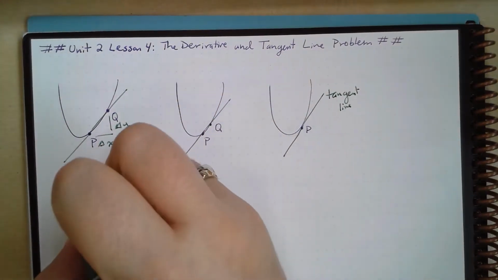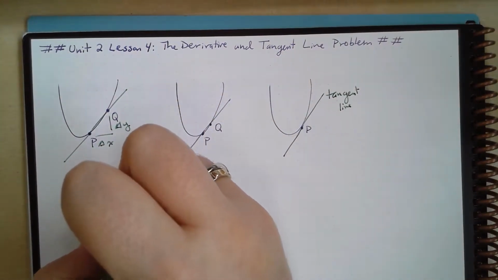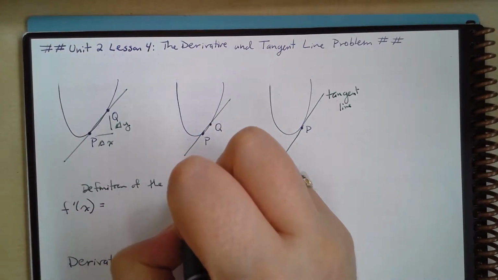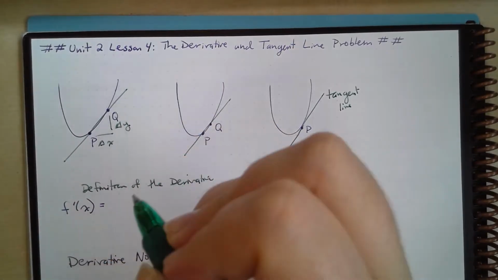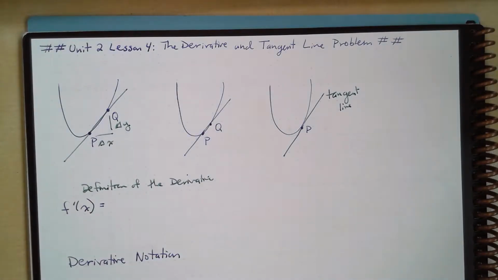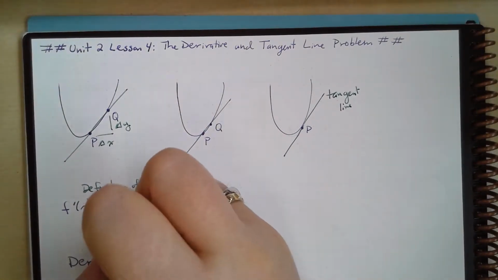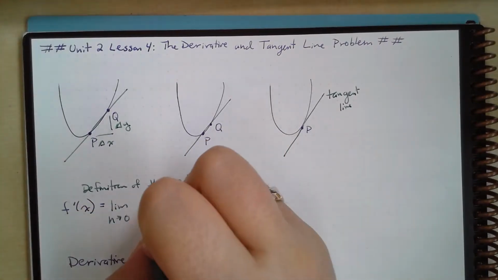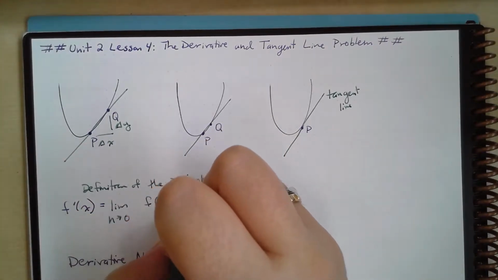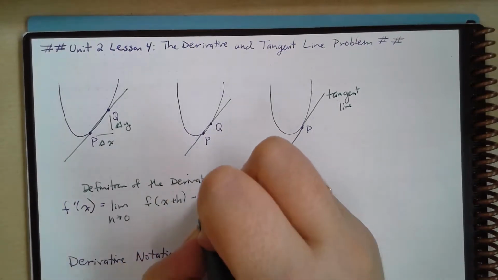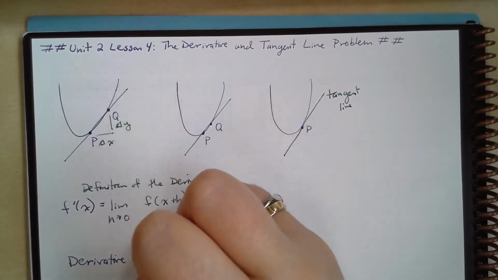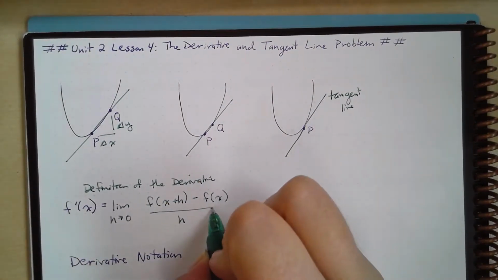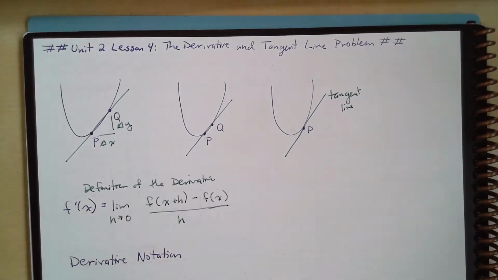The definition of the derivative states that f prime of x is equal to the limit as h approaches 0 of f of x plus h minus f of x over h. This is it. This is what we're going to be using, right?